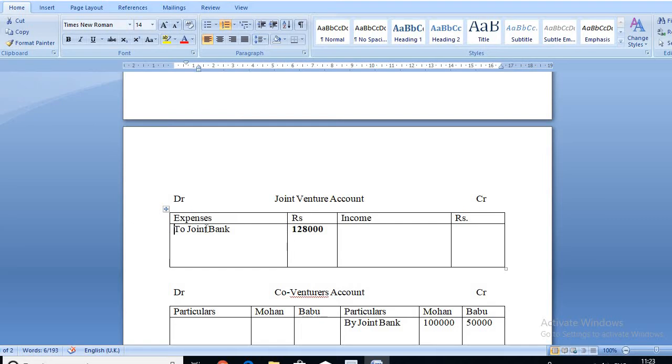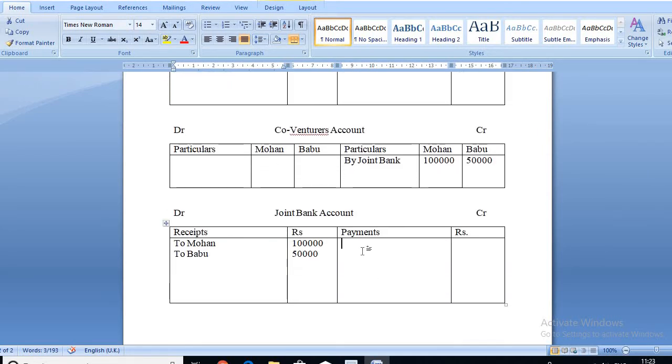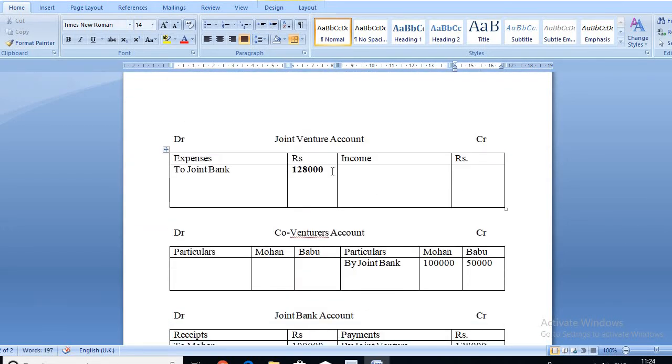Every transaction has 2 aspects. The debit aspect is over. Now the other aspect: joint bank account is debited here, so on the joint bank account credit side, by joint venture account, how much? 1,28,000. So the second transaction is over.